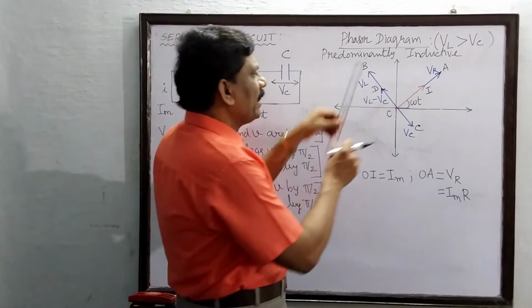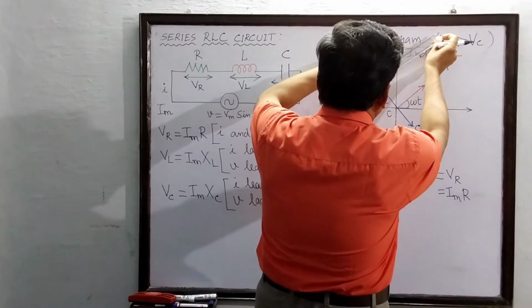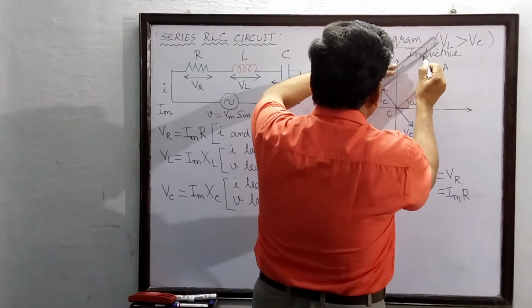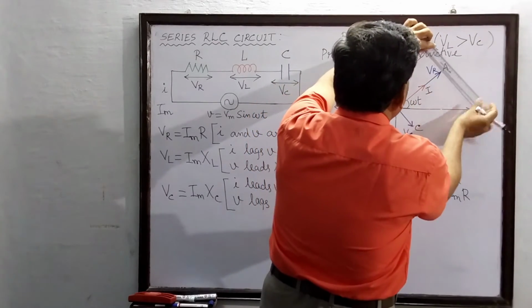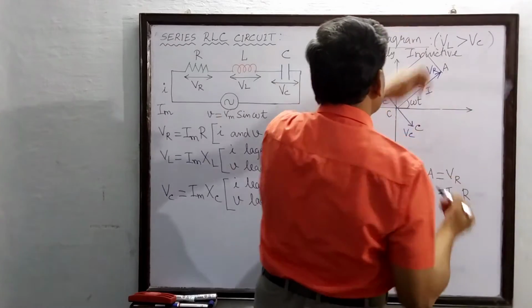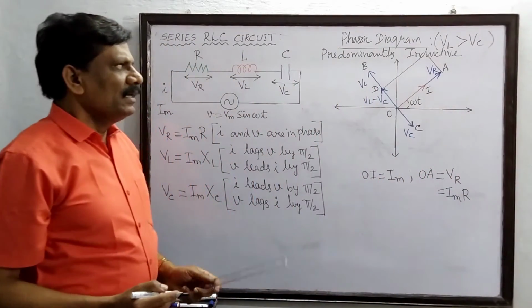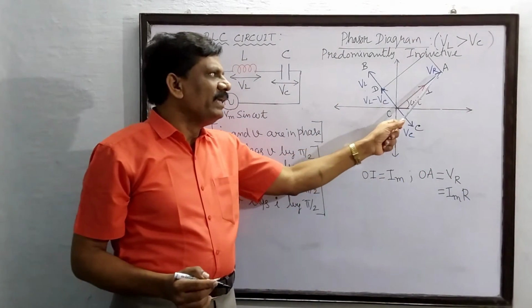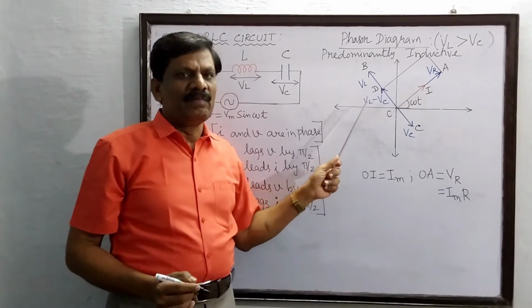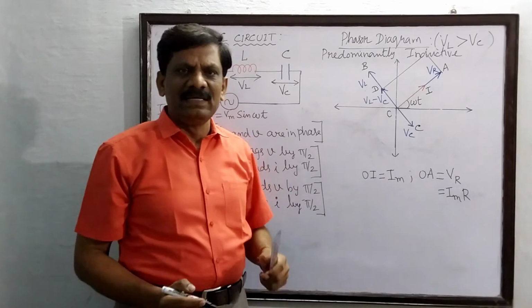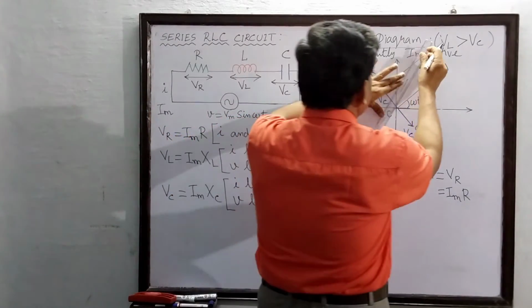Okay, so I am going to complete the parallelogram. It will be a rectangle. So when I complete this parallelogram like this, you can see that I complete this rectangle. And what will be the resultant of the VR vector and the VL minus VC vector by parallelogram law? It must be equal to the diagonal, is it not? So I am going to draw this diagonal.